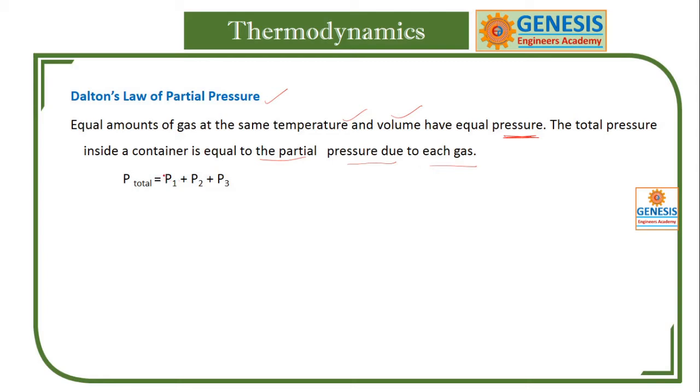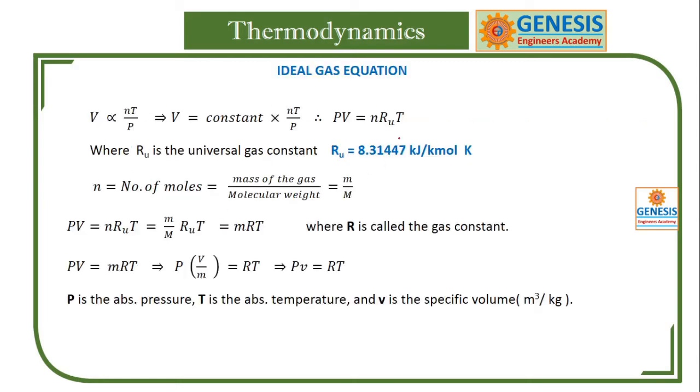So if the container contains three different gases and their pressures are P1, P2, P3, the total pressure will be the sum of the partial pressures of all the constituent gases. So this is Dalton's law of partial pressure.